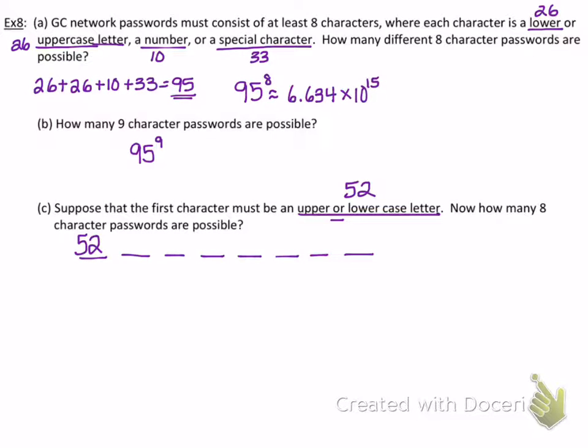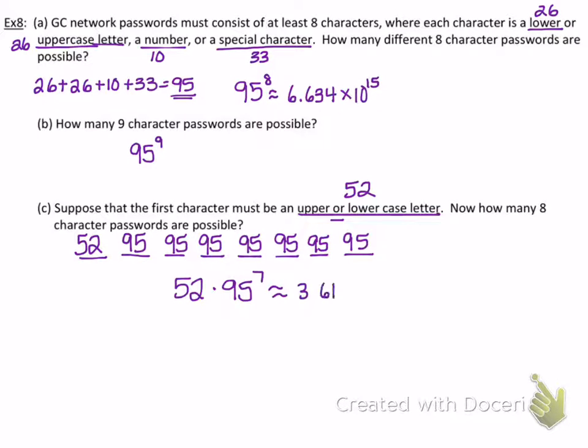Then we go back to saying 95. So when you multiply these, it's going to be 52 times 95 to the 7th, which is about 3.631 times 10 to the 15th.